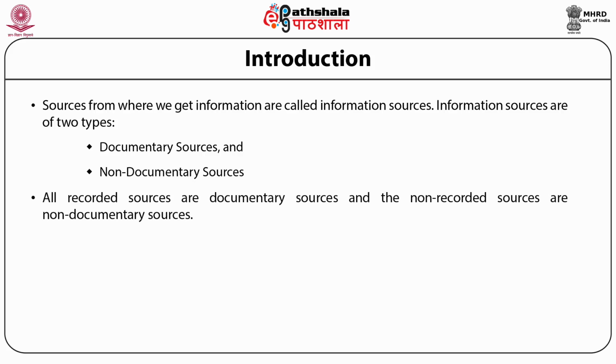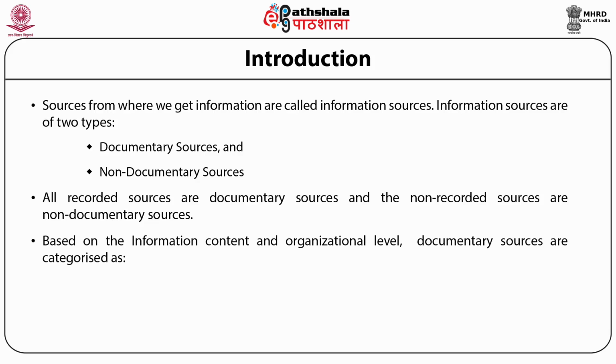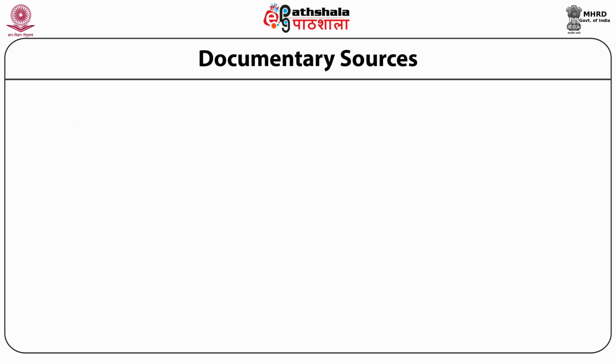All recorded sources are documentary sources and the non-recorded sources are non-documentary sources. Based on the information content and organizational level, documentary sources are categorized as primary, secondary, and tertiary. Documentary sources are books, periodicals, magazines or reference books and others.